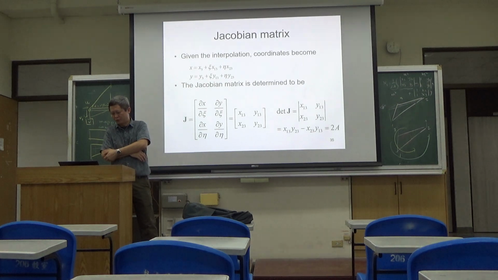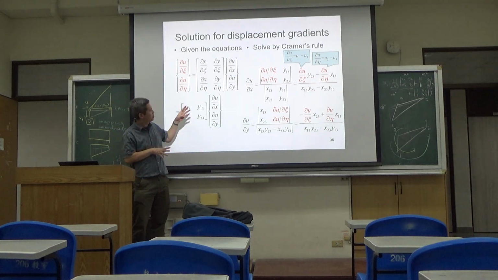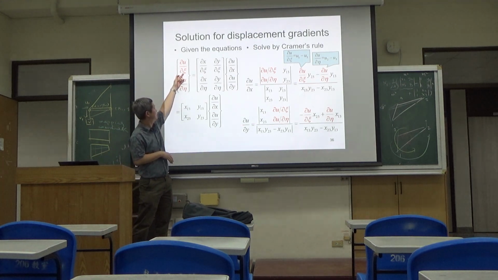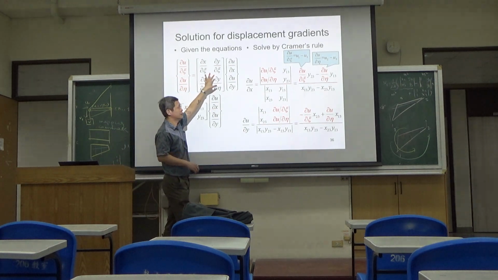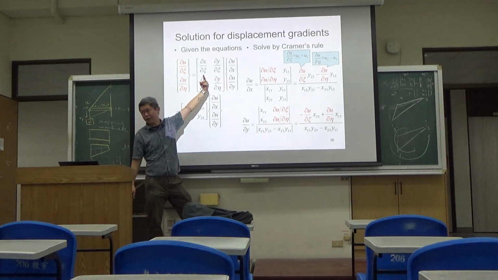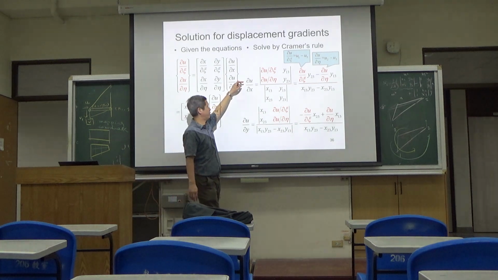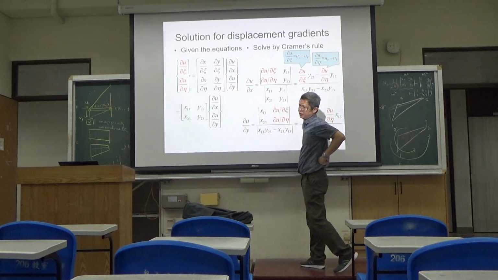With this, now we're going to re-express, because del u del eta or del u del zeta are the Jacobian times the strain in the x and y coordinate. What we really need is the strain in the absolute coordinate.